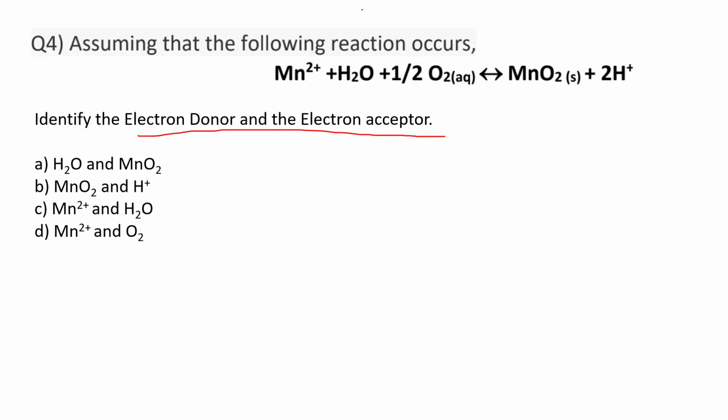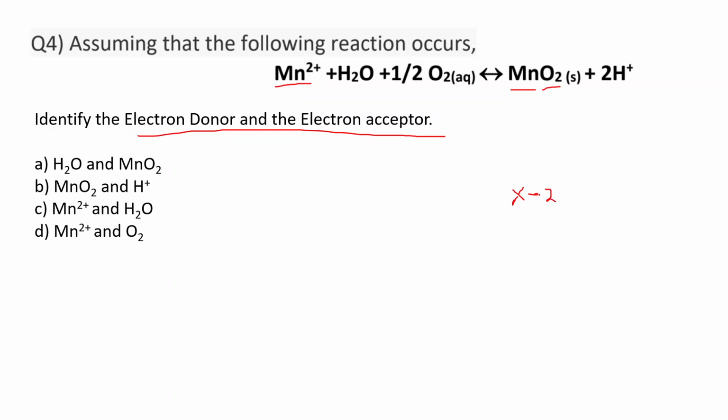So for solving such a question, what we need to do is find out the oxidation number. So here Mn2 plus is an oxidation state of 2 plus, and here for oxygen it will be -2. So let us assume X is the oxidation state of Mn in MnO2 in this compound. So X minus, how many oxygen atoms are there? 2.